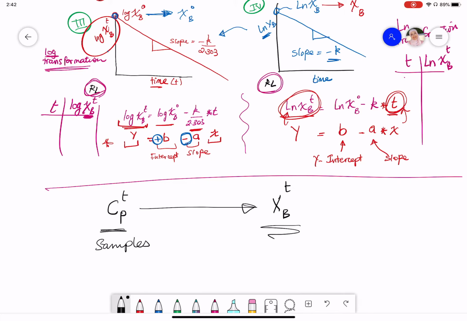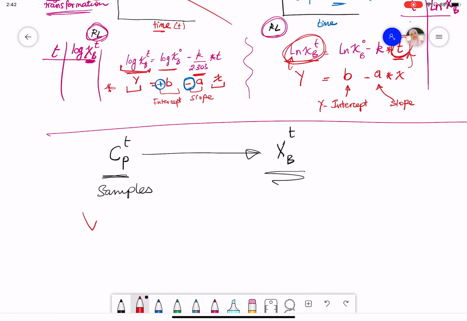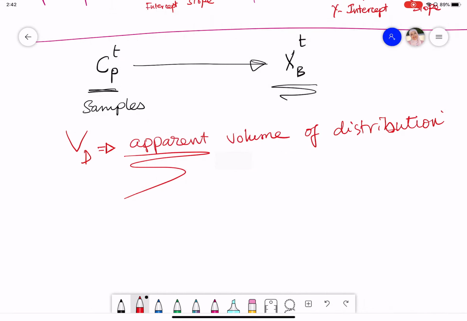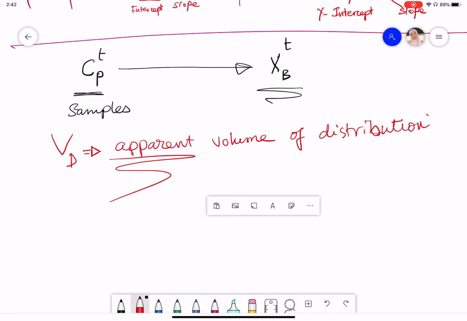Okay, that's why we use what we call the apparent volume of distribution, and we will talk about why we call it apparent later. Okay, as we know and mentioned before, if you remember, concentration equals amount over volume, right?